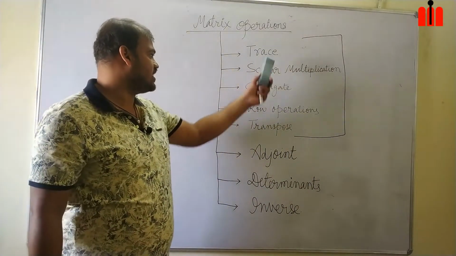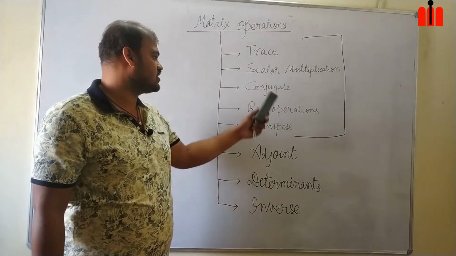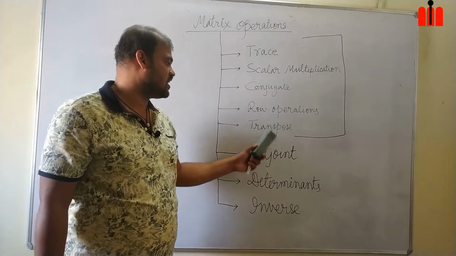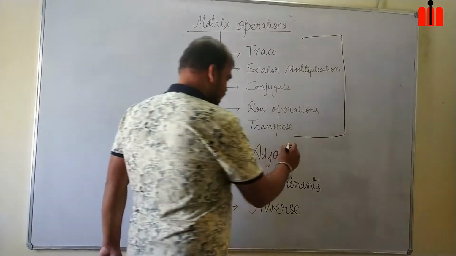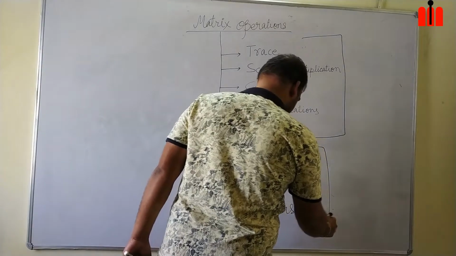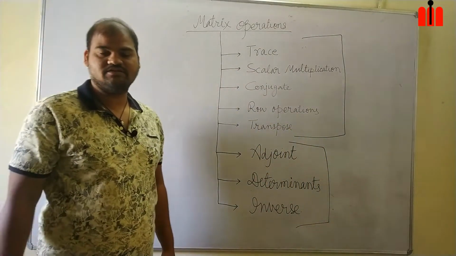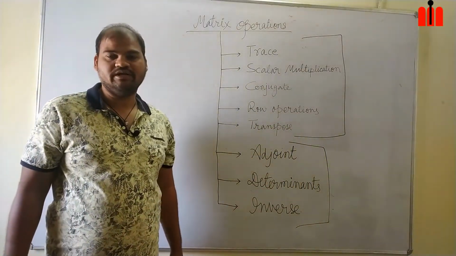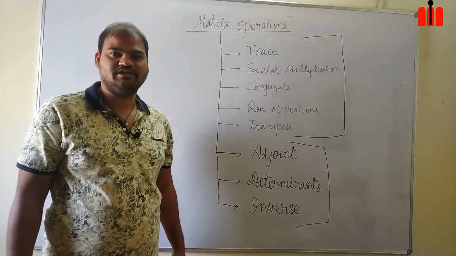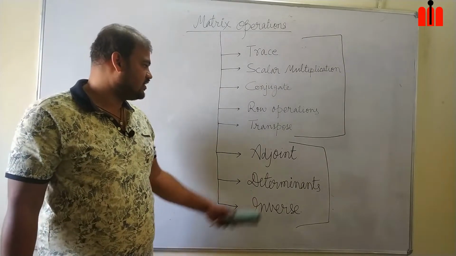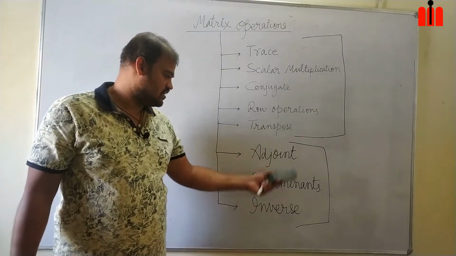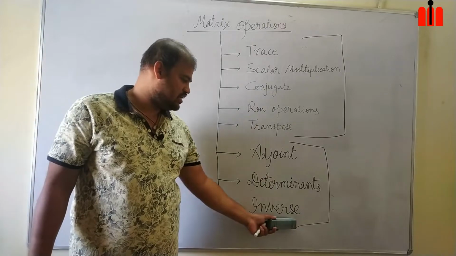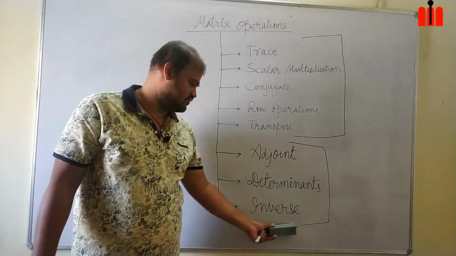So we will go through trace, scalar multiplication, conjugate, row operation and transpose in today's class. Adjoint, determinants and inverse will be continued in the next detailed explanation class. The intent of the segregation is that these 3 are mainly focused on how to find the inverse.